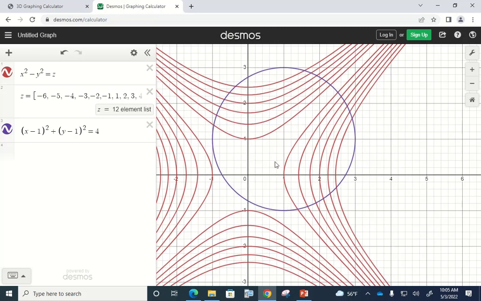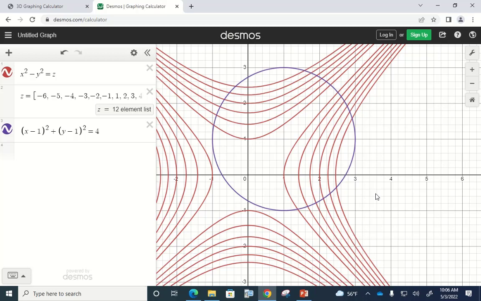And so my constraint is telling me that my x and y values have to fit somewhere on that purple circle. Okay? So the question is, which x and y values give me the maximum value of my surface, that multivariable function, but I'm only going to consider the x and y values that fall on this circle.